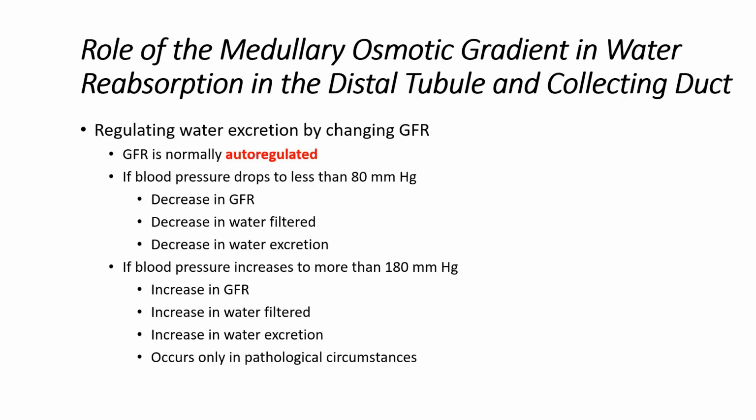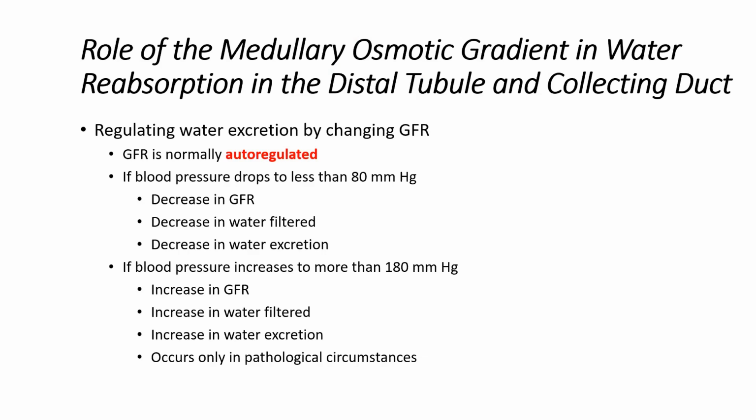So when GFR decreases, we have less water being filtered across the glomerulus, so less of that fluid being filtered from our plasma initially, and then we have less water being excreted. And so this is a way to conserve fluid loss in the face of a drop in mean arterial pressure or a drop in our blood pressure. All right.